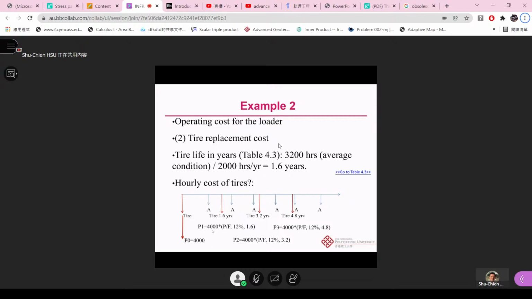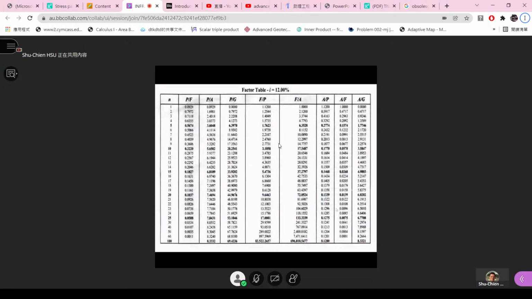So we have P1 equal to the 4,000 times the P/F, 12%, 1.6. We need to have the third set of the tire, P2, equal to the 4,000 times the P/F, 12%, 3.2, and also the fourth set, P3, the 4,000 times the P/F, 12%, 4.8.